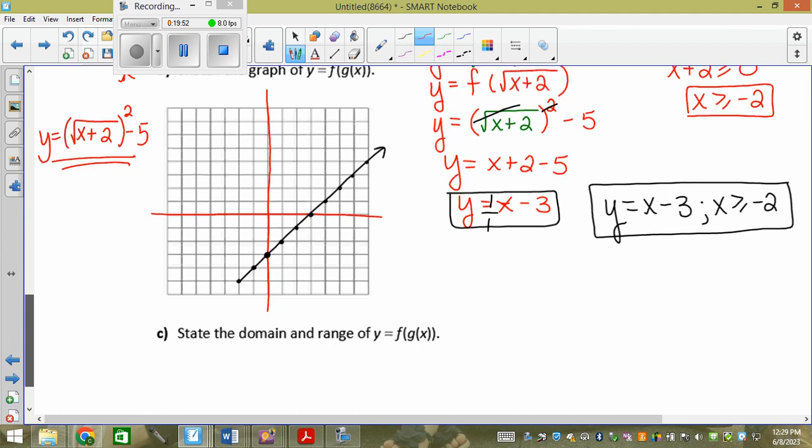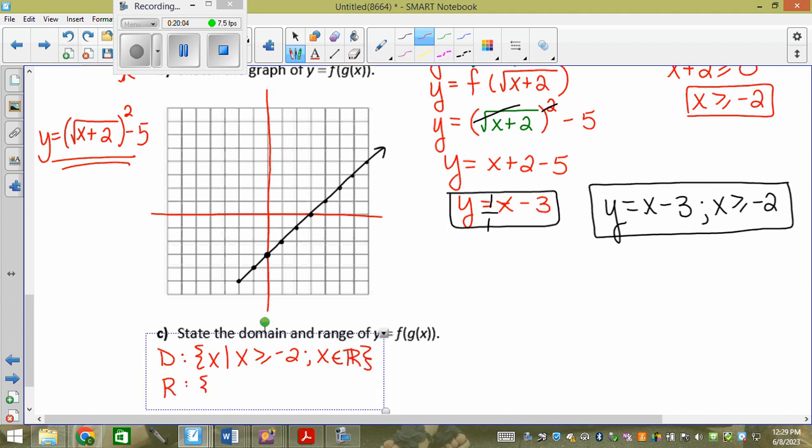So my domain in set notation is x such that x is greater than or equal to -2, x an element of the reals. And what's my range? y such that y is greater than or equal to -5, y an element of the reals. And how do I know that?